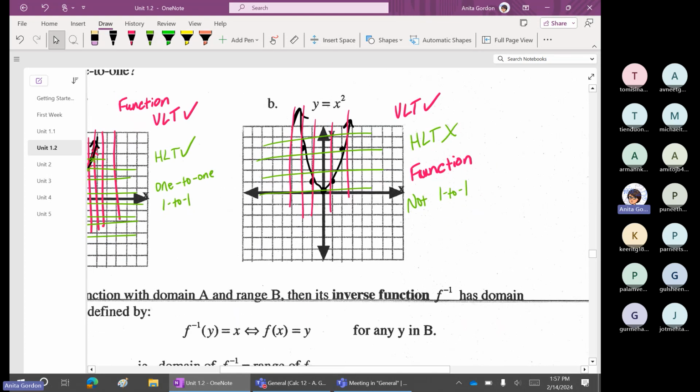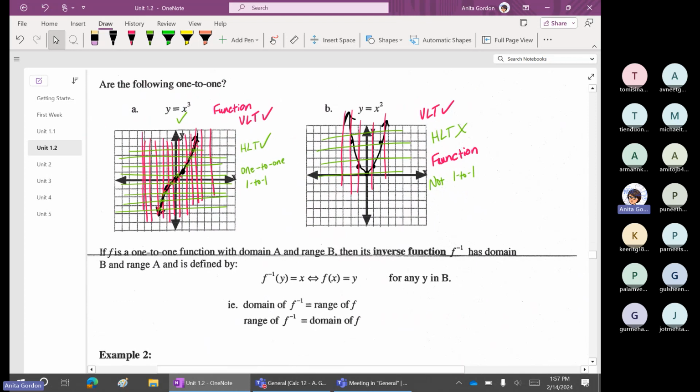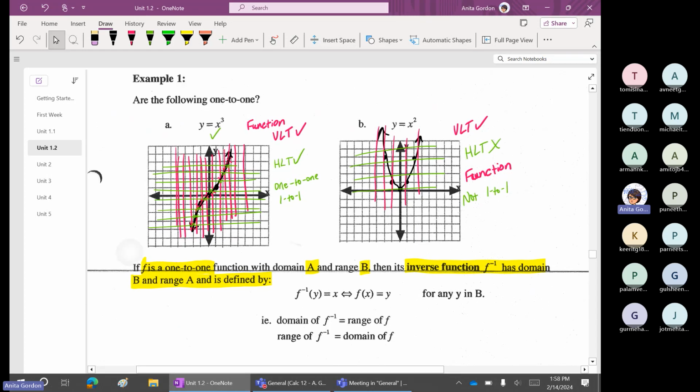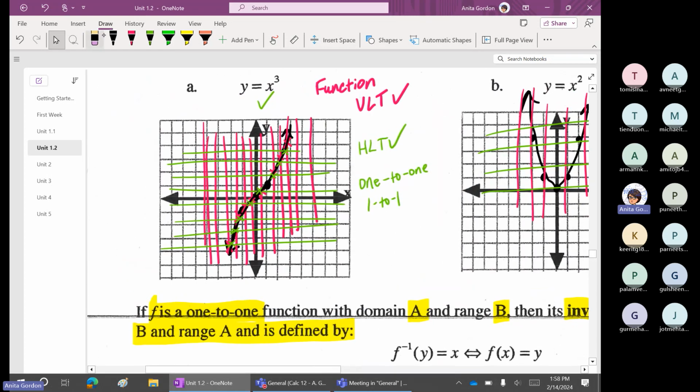Okay, let's see how this affects our domain. If f, the function, is a one-to-one function with the domain and range A and B, then the inverse of the function has the same domain and range, swapped. So I'm going to zoom in on my x cubed here.